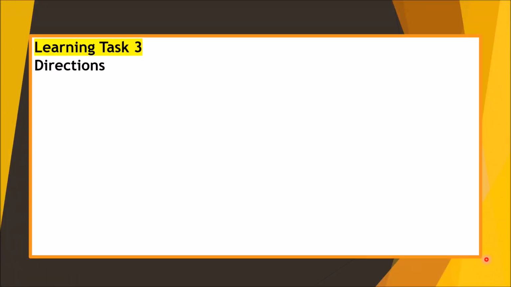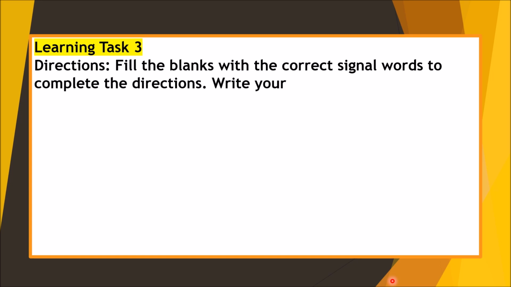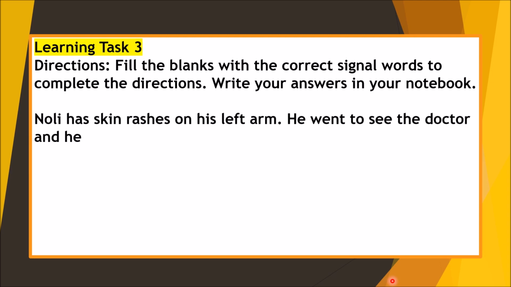For learning task 3, direction, fill in the blanks with the correct signal words to complete the directions. Write your answers in your notebook. Nolly has skin rashes on his left arm. He went to see the doctor and he was given a bottle of ointment.